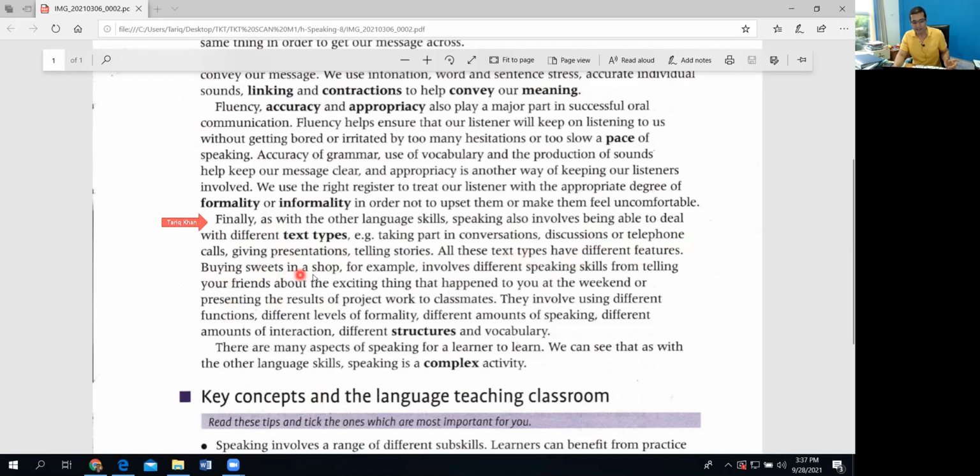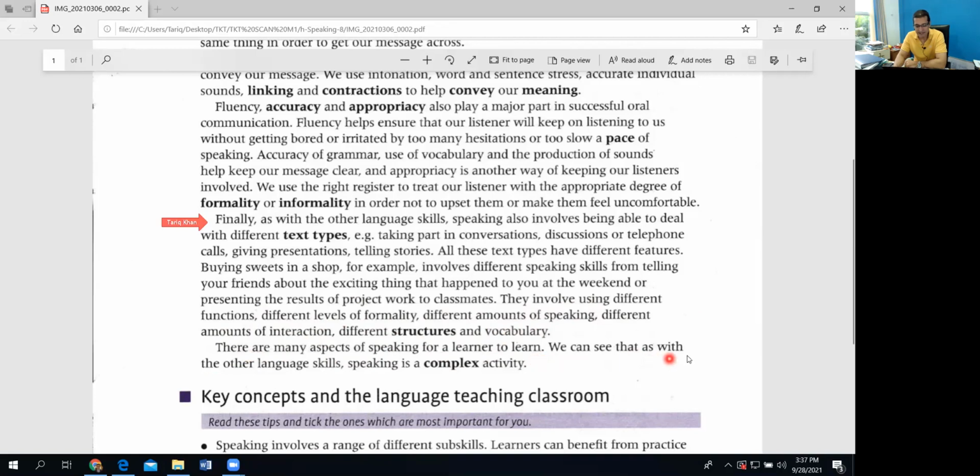Buying sweets in a shop, for example, involves different speaking skills from telling your friends about the exciting thing that happened to you at the weekend, or presenting the result of a project work to classmates. They involve using different functions, different levels of formality, different amounts of speaking, different amounts of interaction, different structures and vocabulary. There are many aspects of speaking for learners to learn.